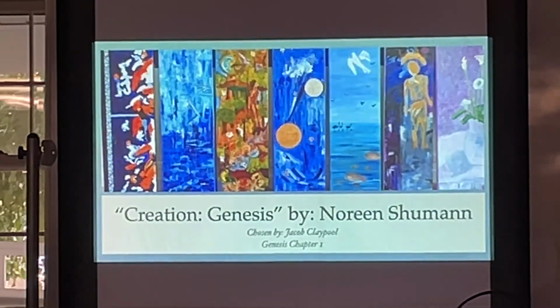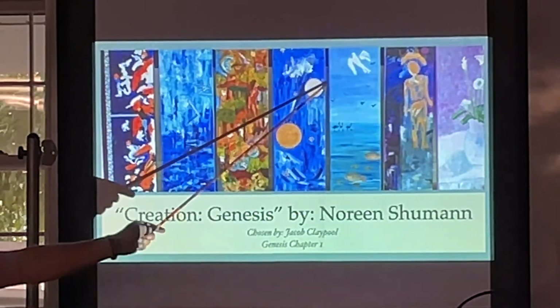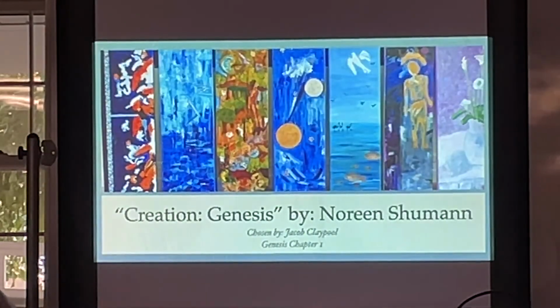Is that a dove or a seagull? I don't know. It could be either. Initially, my thought is seagull, but the shape of the bird kind of looks more like a dove, right? So that could represent the Holy Spirit hovering over the face of the waters in Genesis chapter 1, verse 2. Okay?